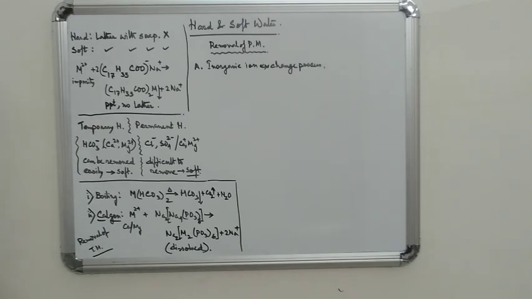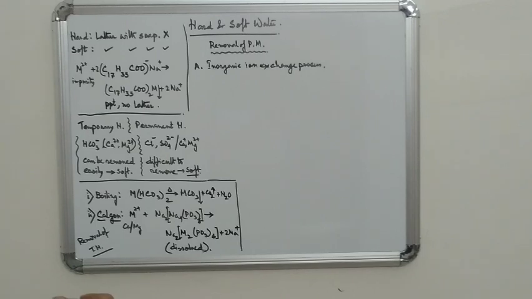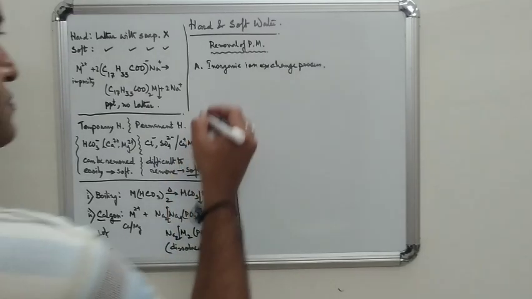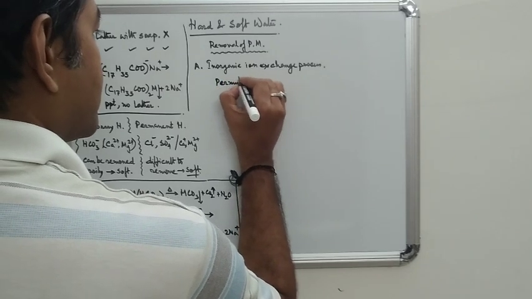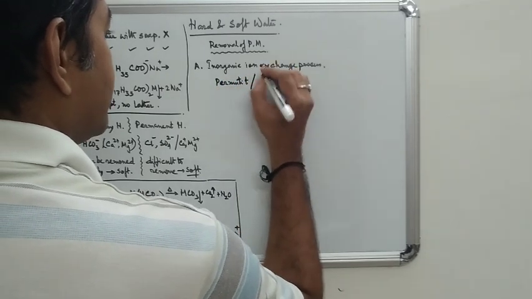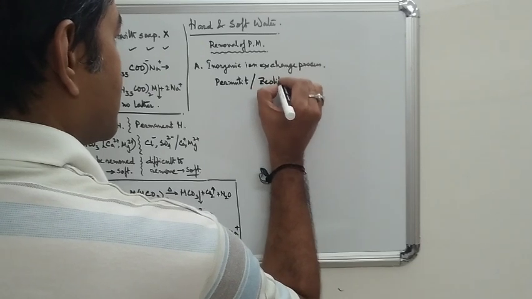In the inorganic ion exchange process, we will add zeolite, whose commercial name is permutit, or artificially made zeolite.